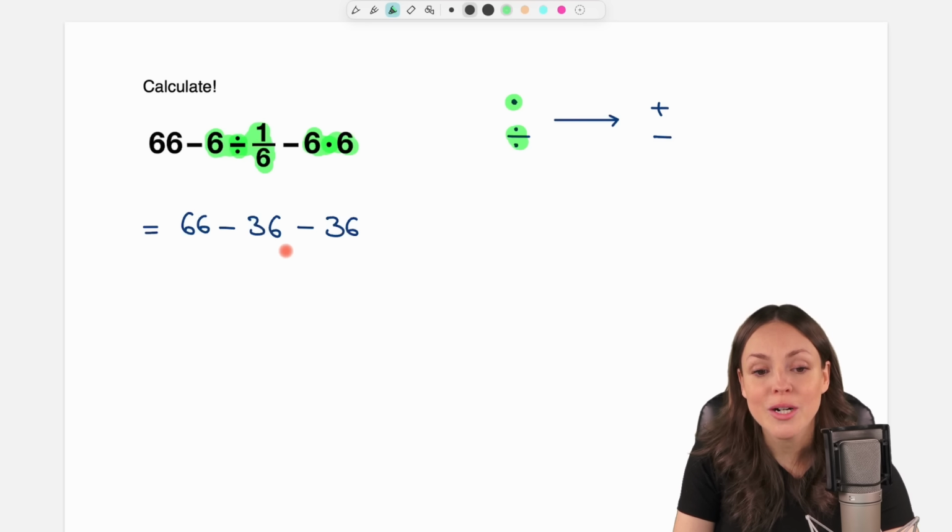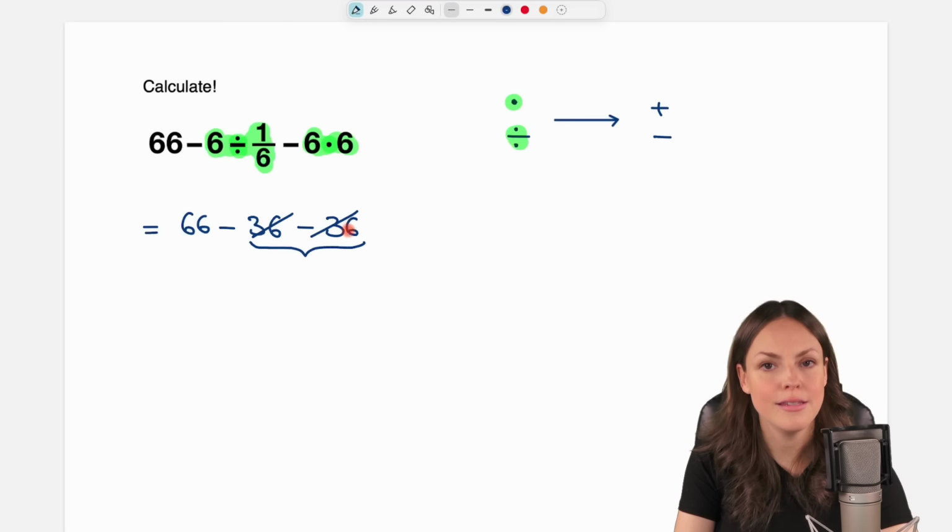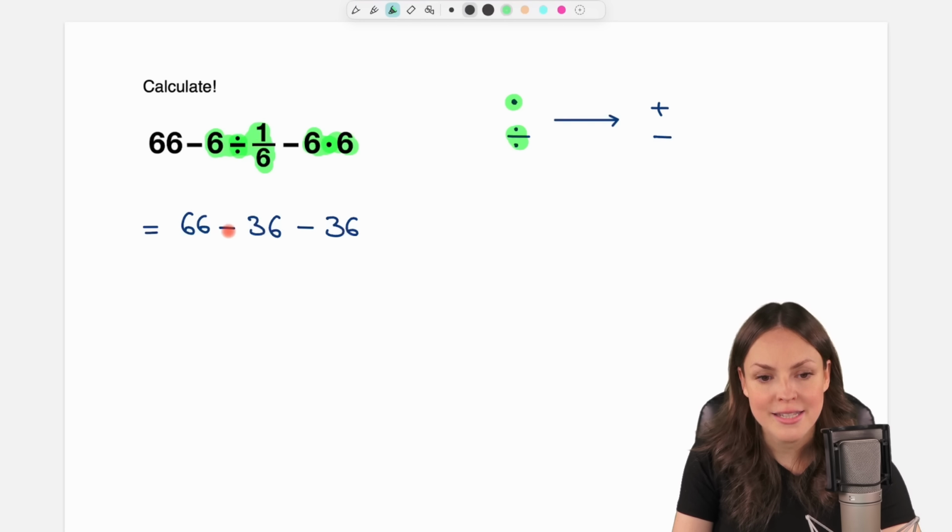It's just important that this minus belongs to this number. So you are not allowed to just take the 36 and subtract this 36 and say that this is 0. The minus symbol belongs to this number here.